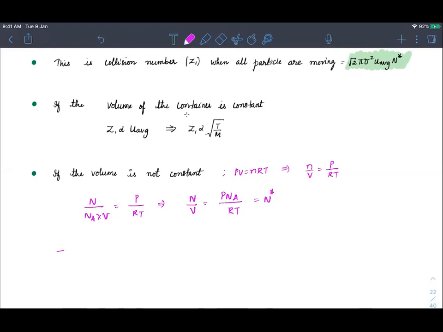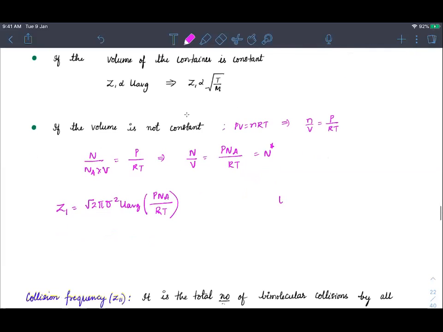Just substitute this value here instead of N star. So what would I get? Z1 will be equal to root 2 pi sigma square U average into P Na by RT.